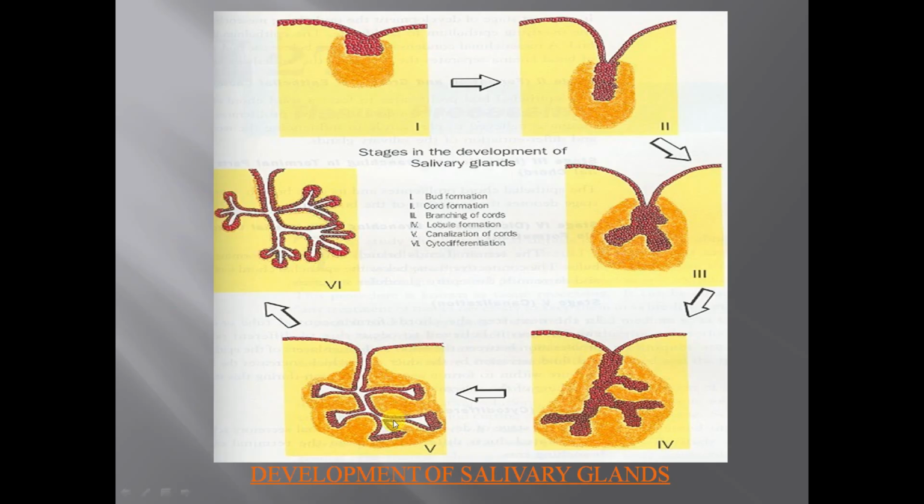So, in the second stage, there is a proliferation of the epithelial bud into a long subepithelial cord, and the mesenchyme around this also proliferates.